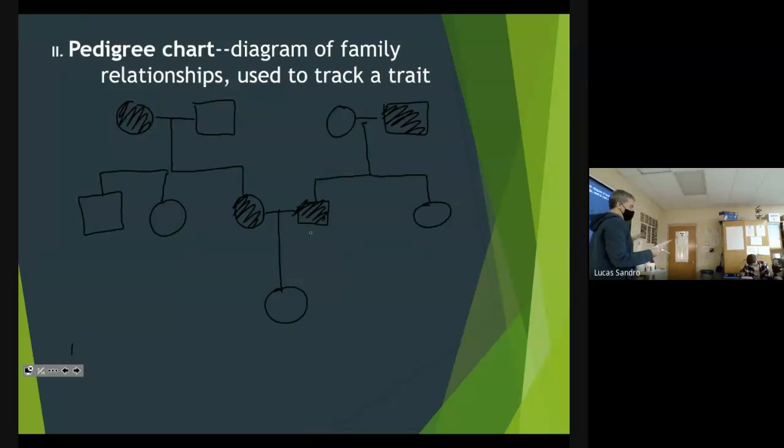So if you were drawing this, reading the story, you would have started with Jane and Joe, right? So this is Jane. This is Joe. This is Clarissa. Last year, Joe's dad has dimples. This would be Joe's dad.